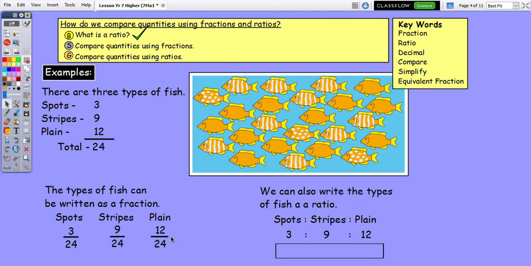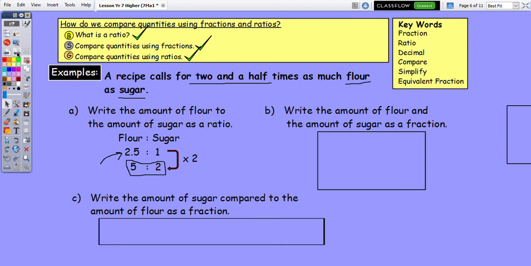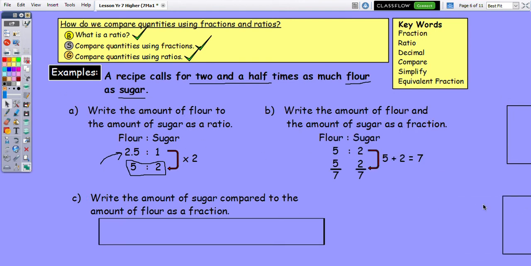I could write fractions as a ratio, which means I can write a ratio as a fraction. So if I take my ratio here, 5 to 2, then if I add these 2 numbers together, the total number of parts would be 7. And if I write each one of these as a fraction, then flour would be 5 out of 7. The sugar would be 2 out of 7.